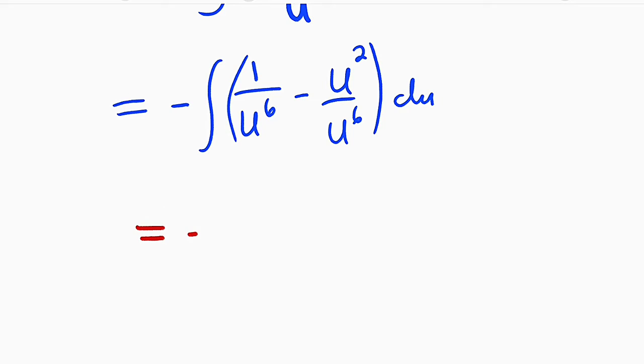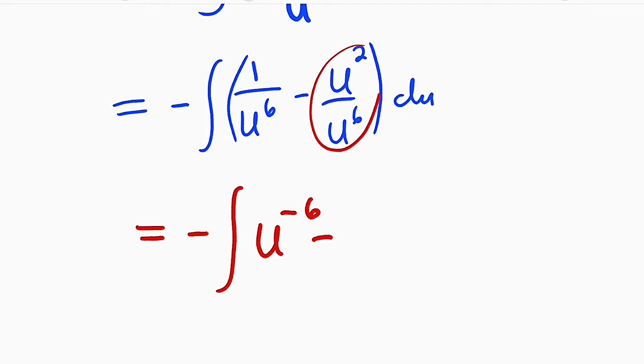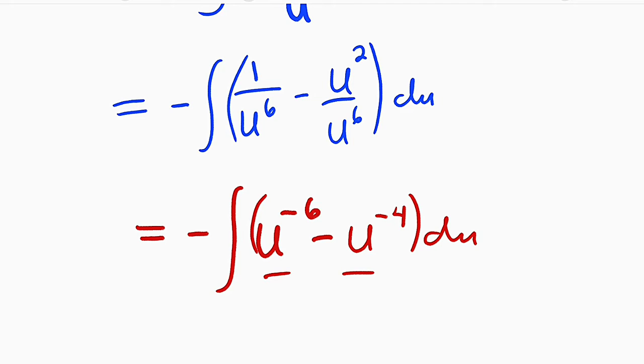This is equal to negative the integral of u to the -6 minus, and you know that you can simplify this according to one of the laws of indices. You take a base, which is u, then 2 minus 6 is going to give us -4, right? So we have -4 here, du. So now let us integrate these two terms separately.